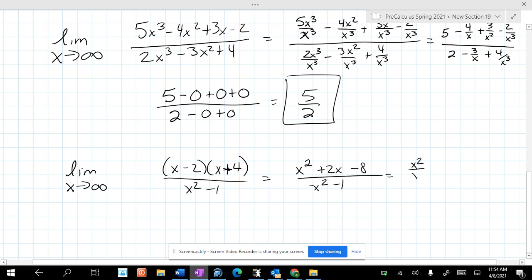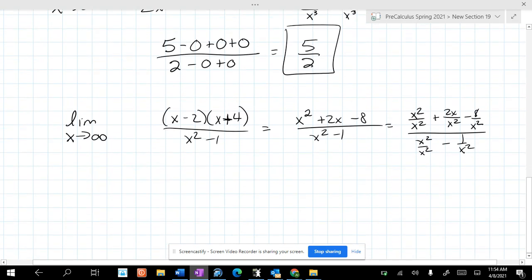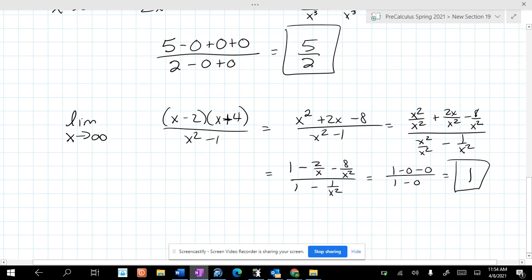X squared. So cancel out 2 over x minus 8 over x squared. And then at the bottom it's negative 1 over x squared. Can you do that? Yeah.